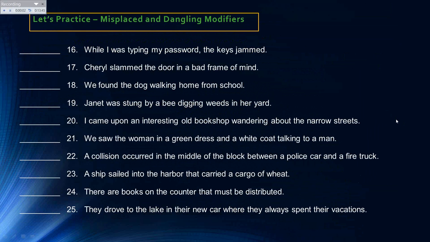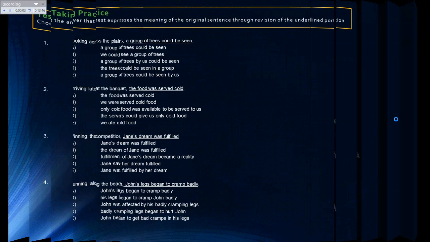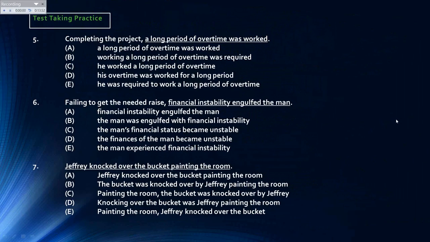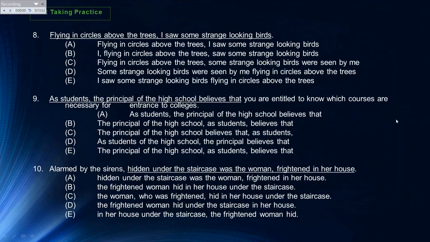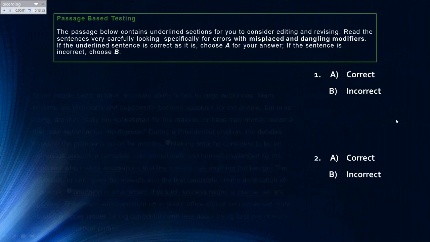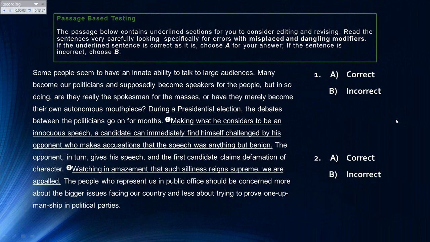More practice, more practice. Here's our test-taking practice that you are very familiar with now. And you know, after that is always going to come our passage-based testing. And this will all be on misplaced and dangling modifiers.